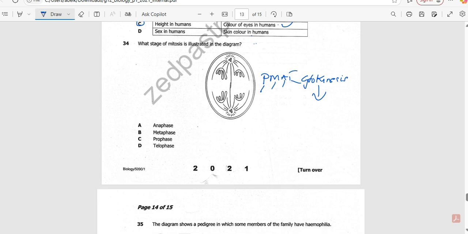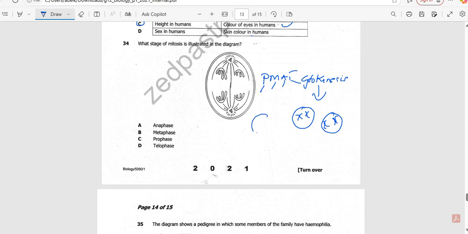The cell will be split in this way, where we have these two, like that. So this is cytokinesis.